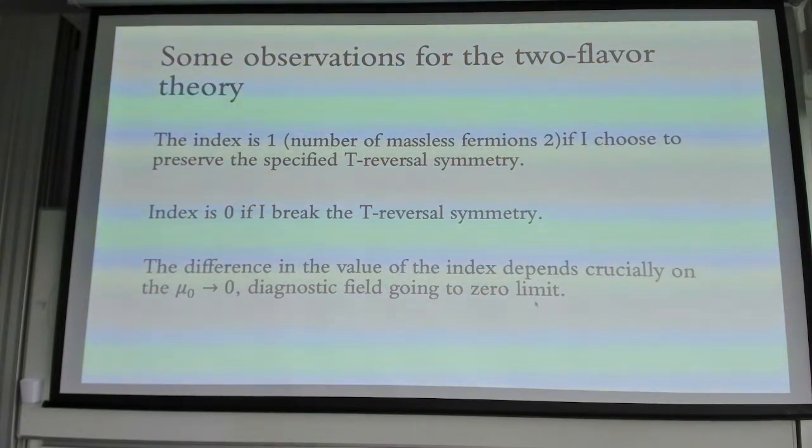If I don't break it, I get an index of 1, so that just tells you that you have gapless 2 Majorana fermions, which is not the same as gapped 2 Majorana fermions. So that is the first line. The index is 0 if I break the T-reversal symmetry. The difference in the value of the index depends crucially on this limit of the background field going to 0.